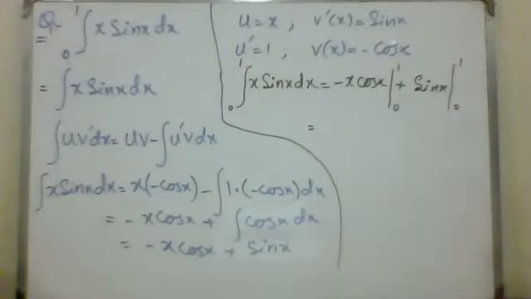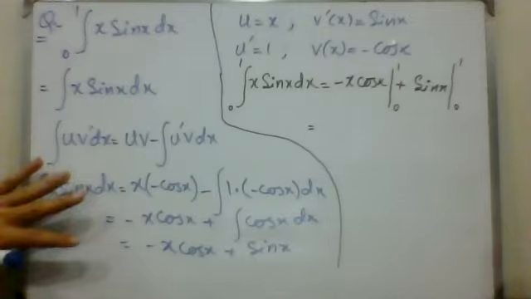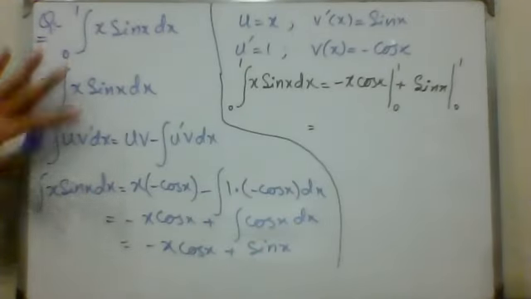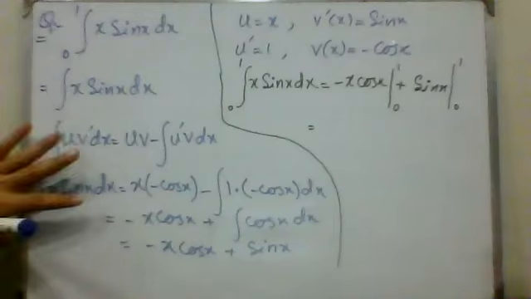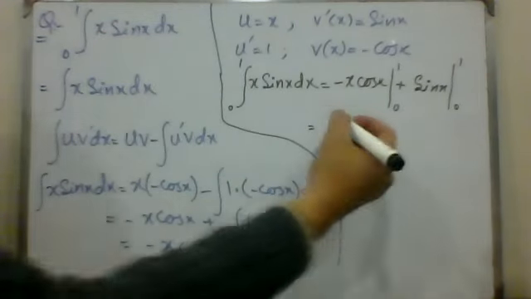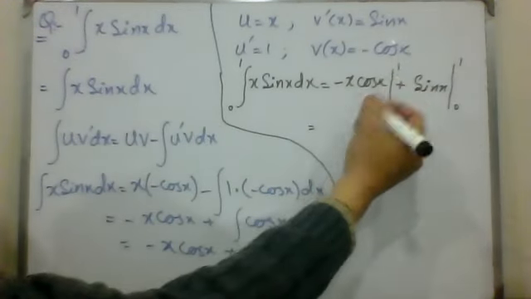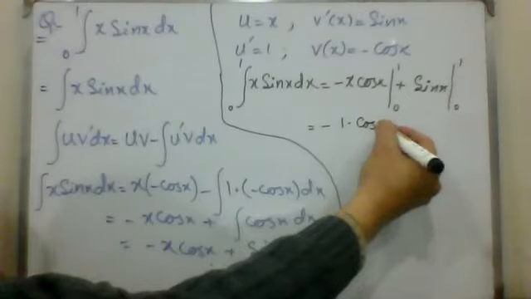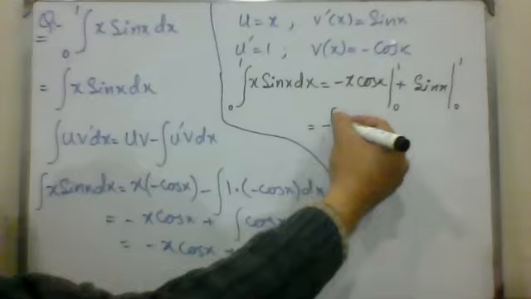So first, you will solve the indefinite integral problem using by parts, and then we put the limits. So first we use the by parts rule just as an indefinite integral, then apply the limit: in place of x we put 1, minus 1 cos of 1. That is the first term.